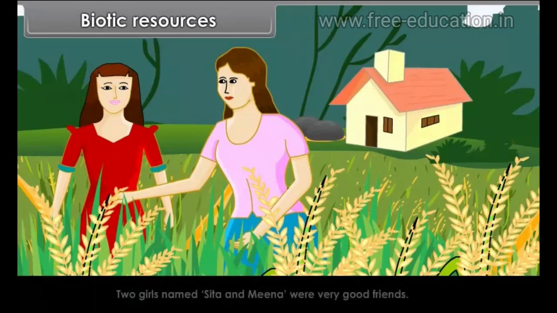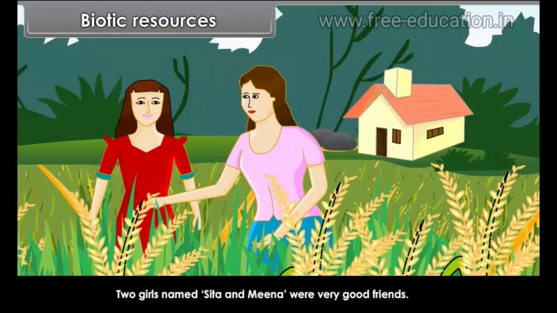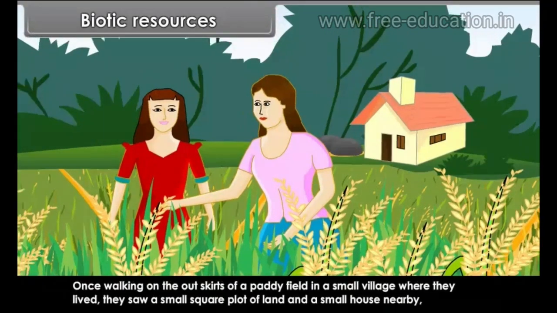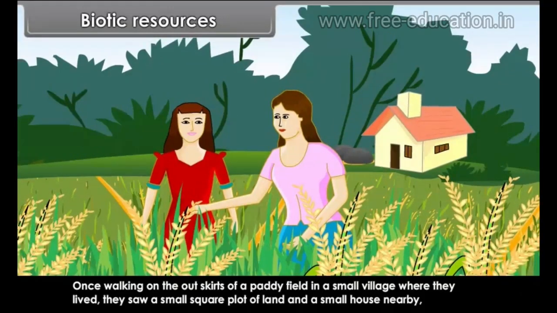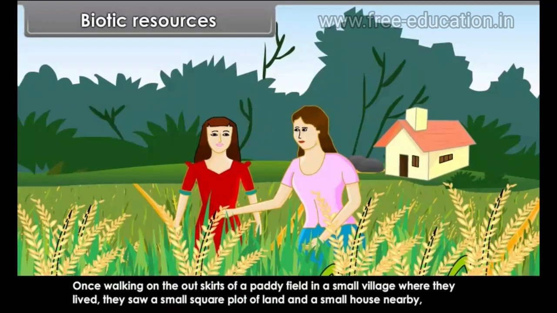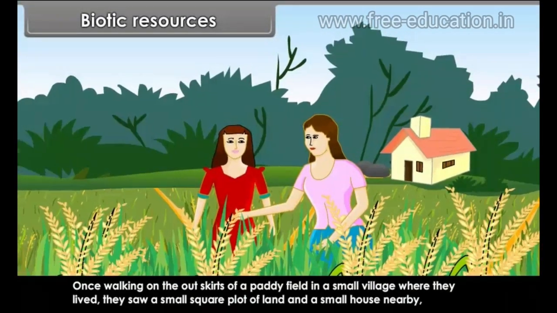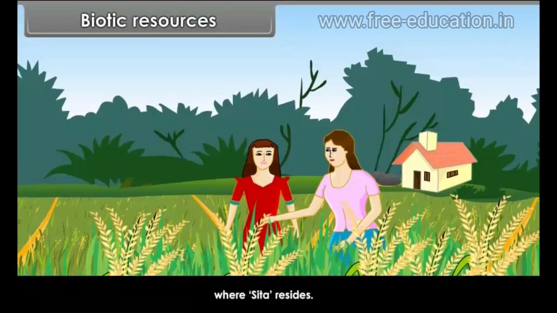Two girls named Sita and Meena were very good friends. Once, walking on the outskirts of a paddy field in a small village where they lived, they saw a small square plot of land and a small house nearby where Sita resides.